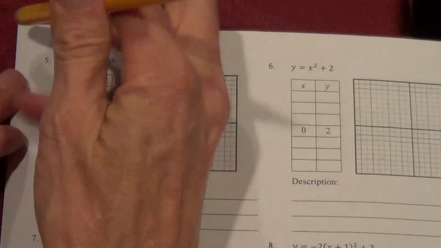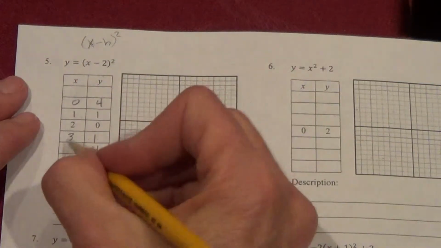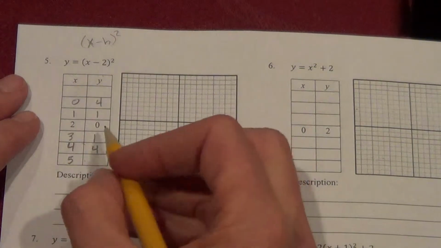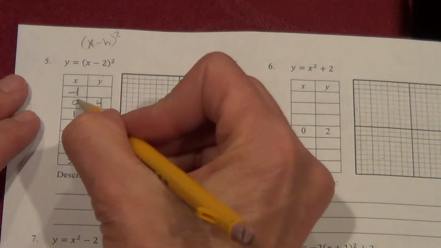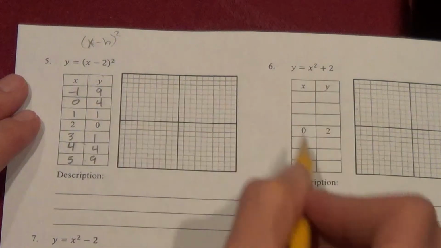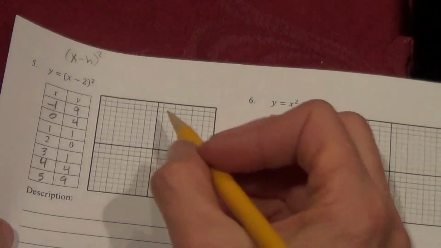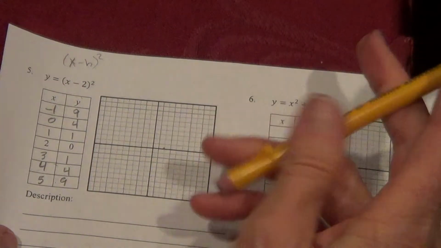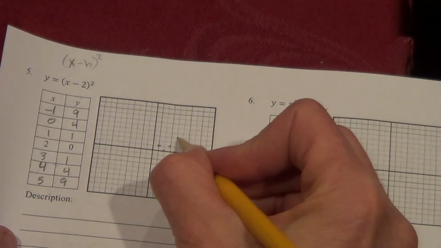That should go on the other end. Five minus 2 is 3. 3 squared is 9. Down here, negative 1 minus 2 is negative 3. Negative 3 squared is 9. So, again, we have our U shape. Now it's located over here.